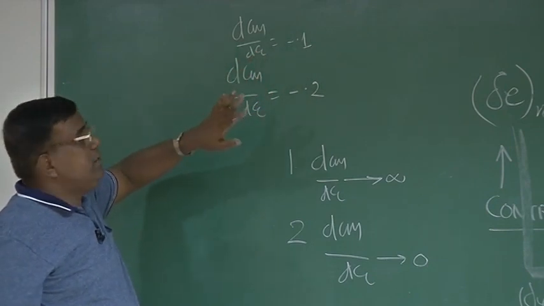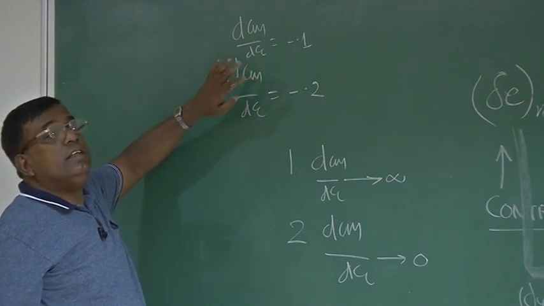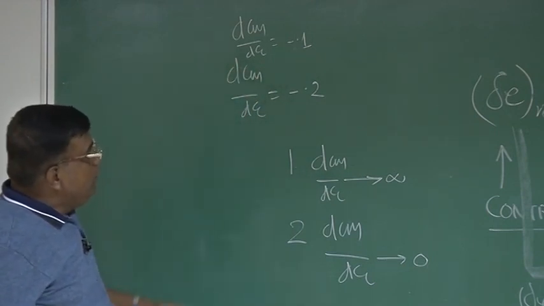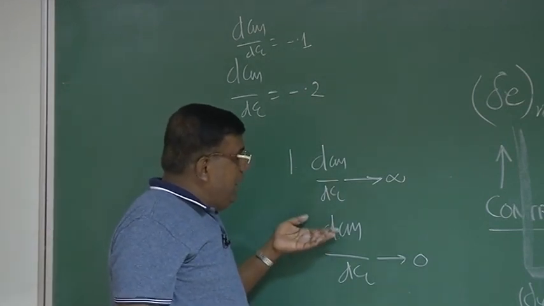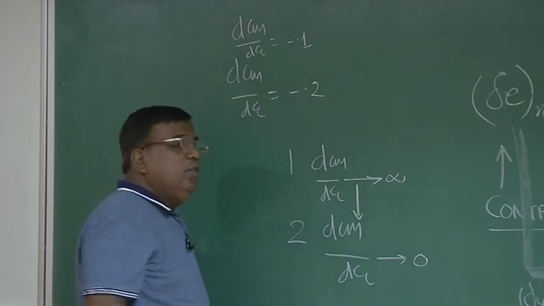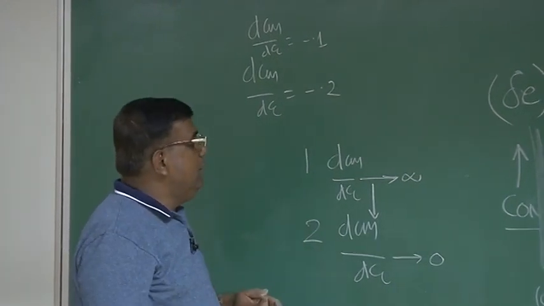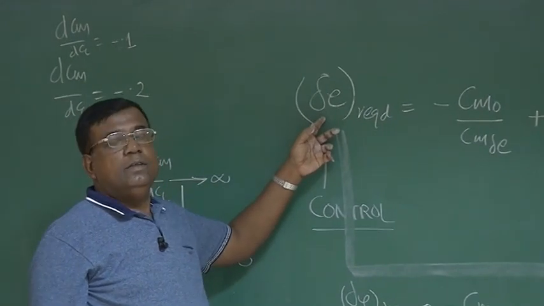If this is more negative, it is statically more stable. So if I go on taking the xcg of the aircraft closer to the neutral point, then the requirement for delta E also will reduce.